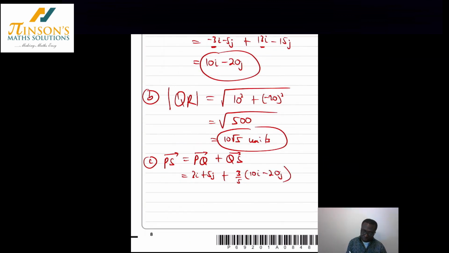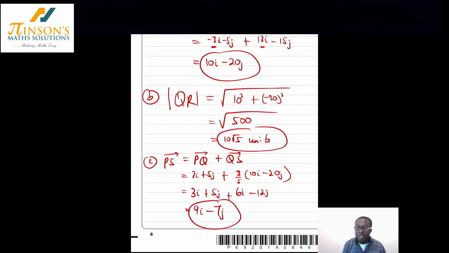If we simplify our answer now, we get 3i add 5j add 3/5 of 10, you can use your calculator, which is 6i. Then 3/5 of 20 is 12, so minus 12j. When we simplify this, we'll get 9i minus 7j, and that's our answer.